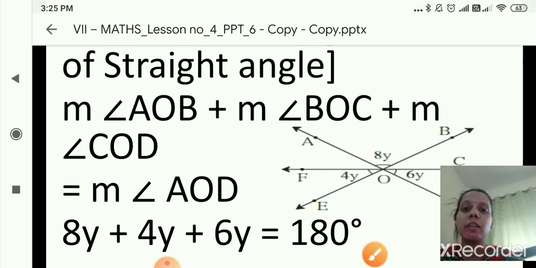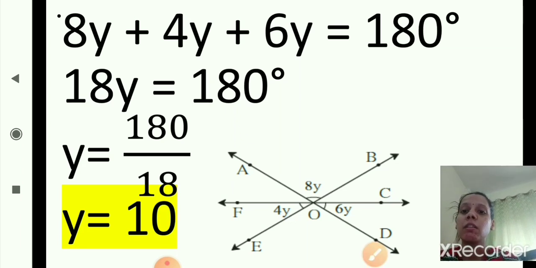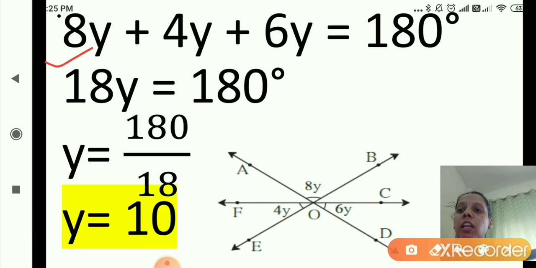So next step now. As you can see here, in the previous step we have written 8y plus 4y plus 6y is equal to 180 degree. Now we will add this 8 plus 4, plus 6. 6 plus 4, 10, plus 8, 18, so we will write down the addition here, that is 18y, correct?